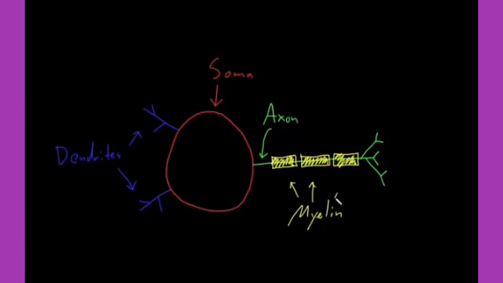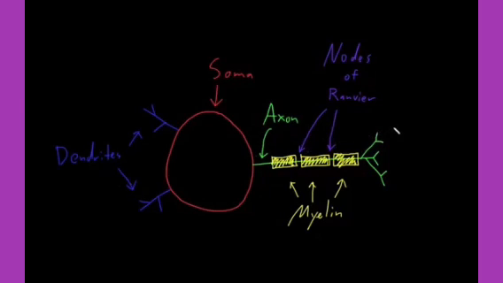Each of these little segments of sheath here, and these gaps that regularly interrupt the sheath, are called nodes of Ranvier. These little gaps in the myelin sheath.